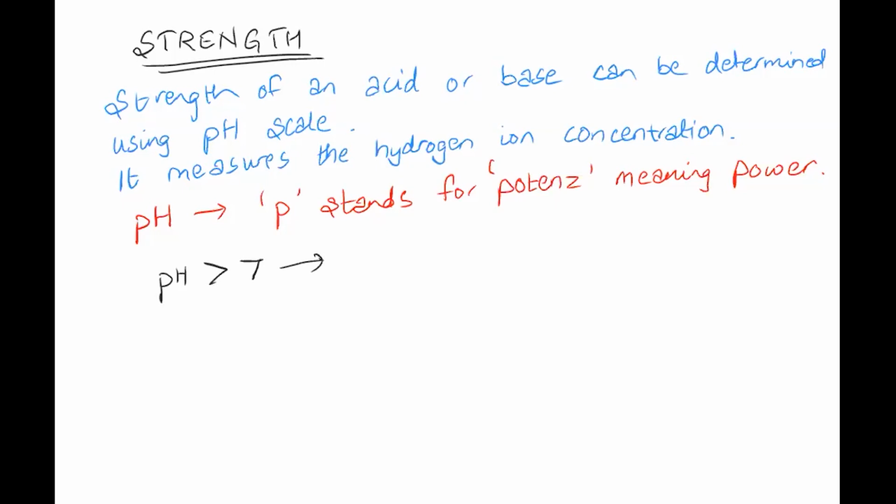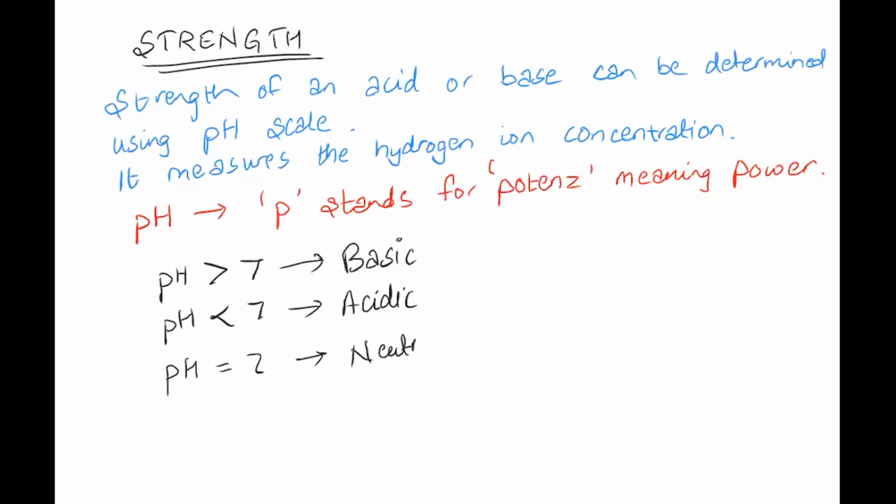Okay, that's correct. pH above 7 is basic in nature, and pH below 7 is acidic. Yes, that's correct. And pH equal to 7 is neutral. That's great.